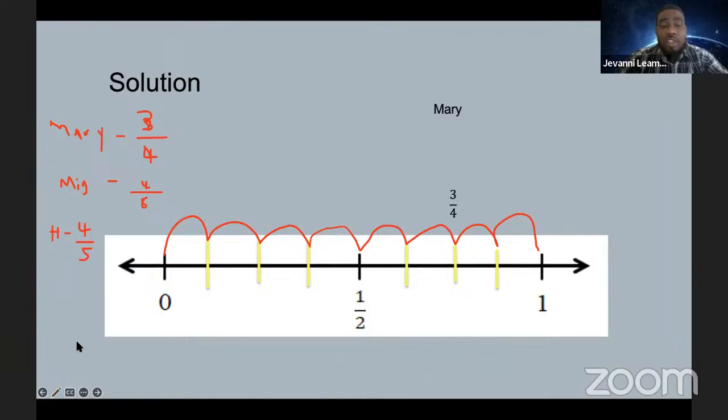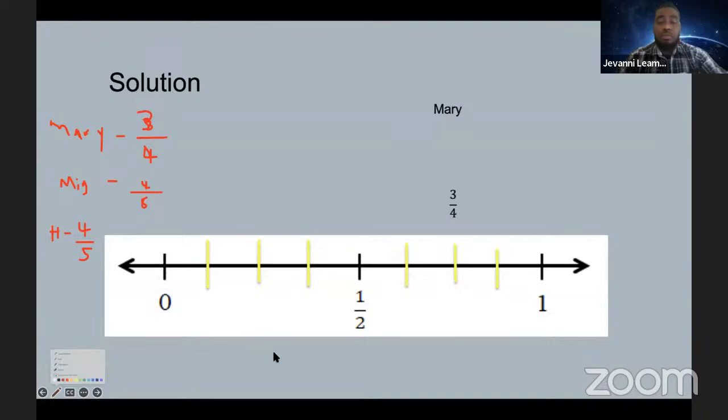Now let's put the 4/8 on this fraction bar. So 4/8 would be the fourth jump. What can I say about the 4/8 and Miguel? Where is he at in this race?